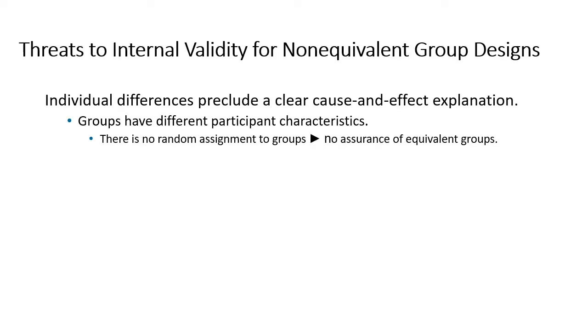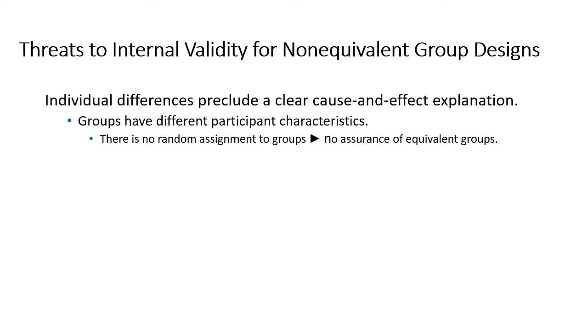As you can imagine, there are a lot of threats to internal validity for these non-equivalent group designs, because of the simple fact of the individual differences present in the different groups, because they've been assigned basically by themselves or biologically, or whatever it is that's assigning them to the groups.